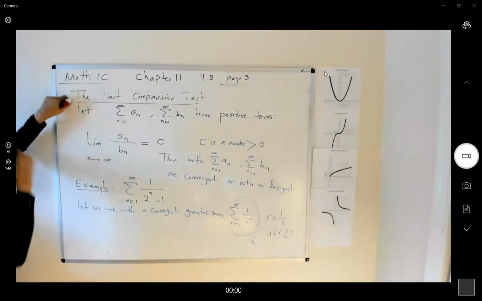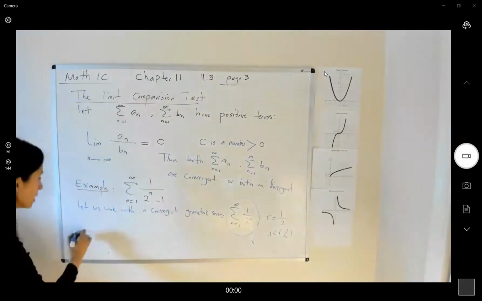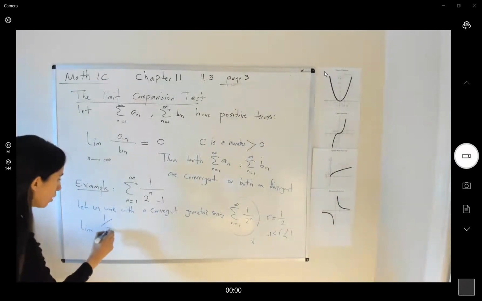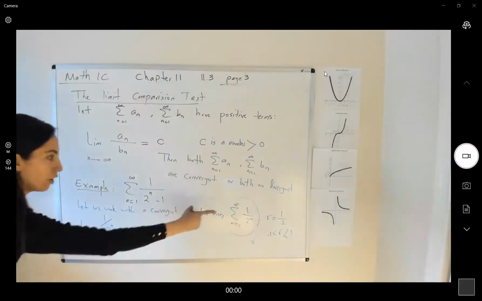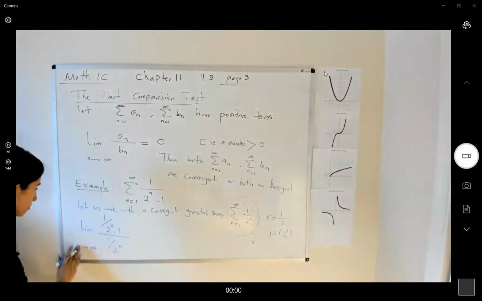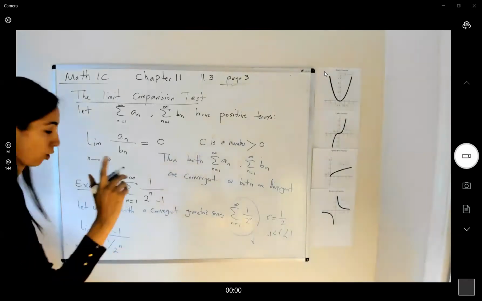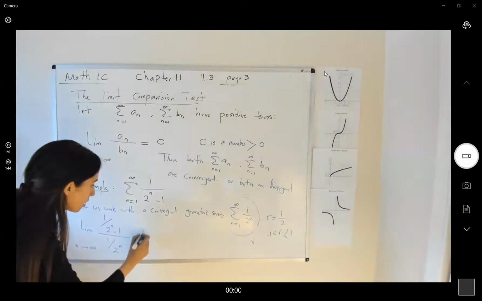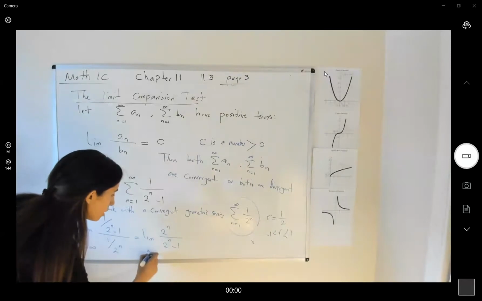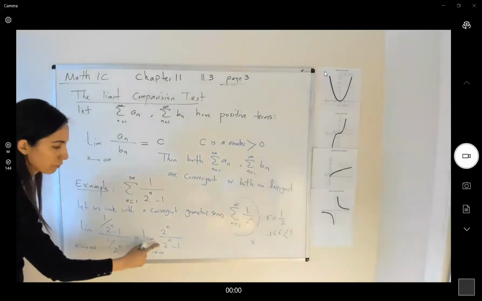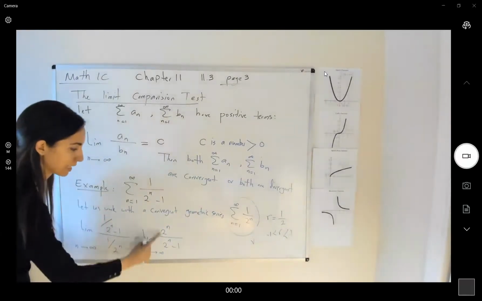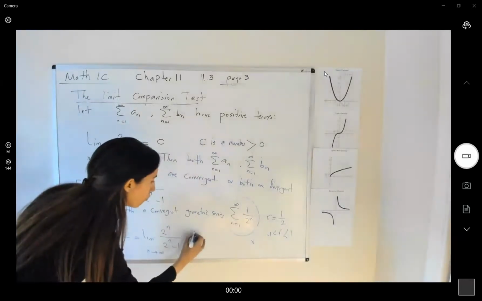Okay, let us use the limit comparison test. The limit of 1 over 2 to the n minus 1 divided by 1 over 2 to the n, while n goes to infinity. We're getting back to calc 1. This is the limit of 2 to the n divided by 2 to the n minus 1, while n goes to infinity. Both of these terms are going to infinity with the same speed, so you can cancel them out and you get 1.